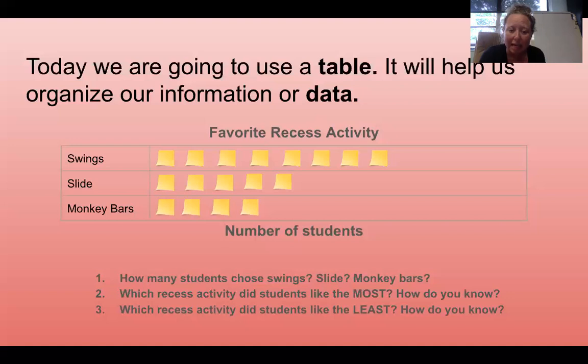Which recess activity did students like the least? How do you know?